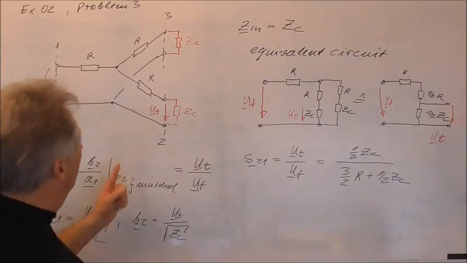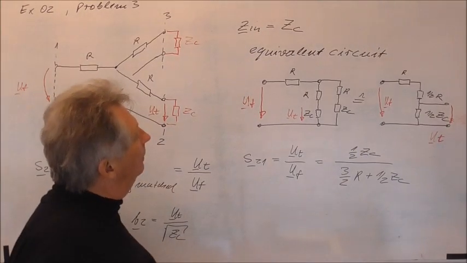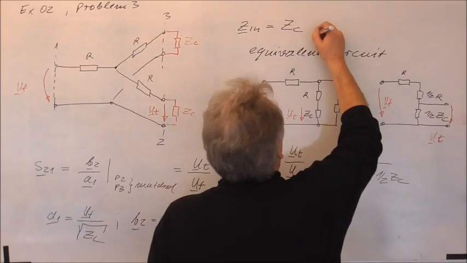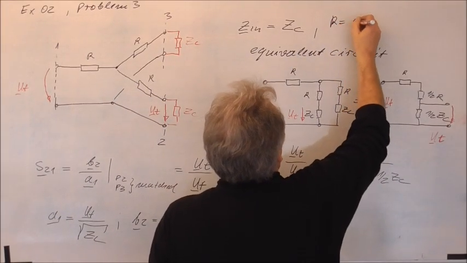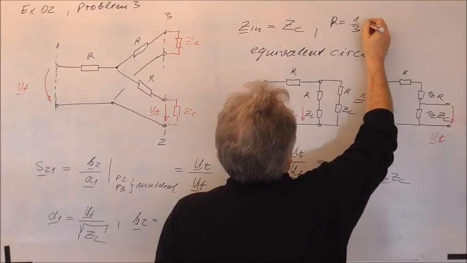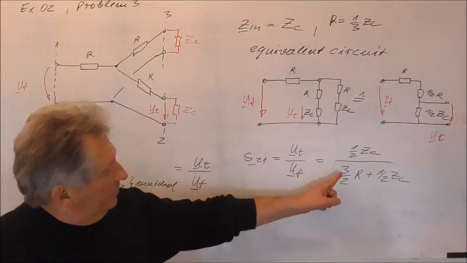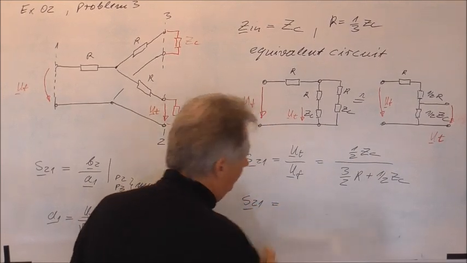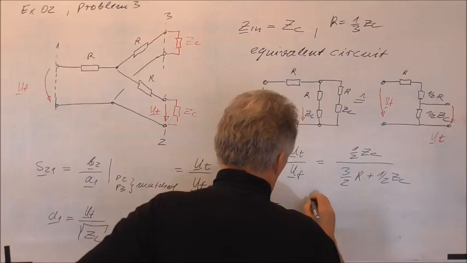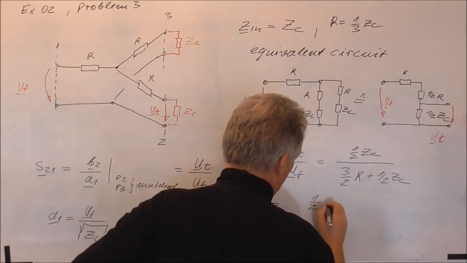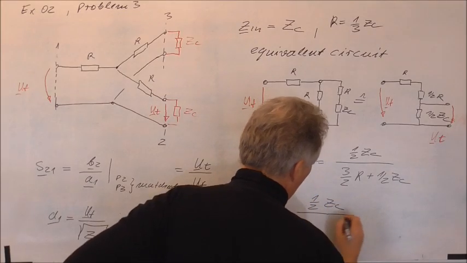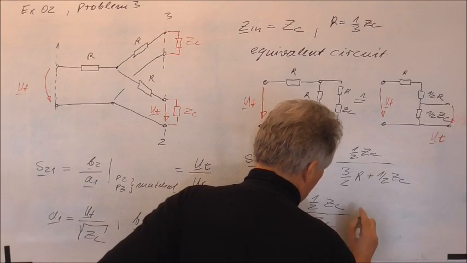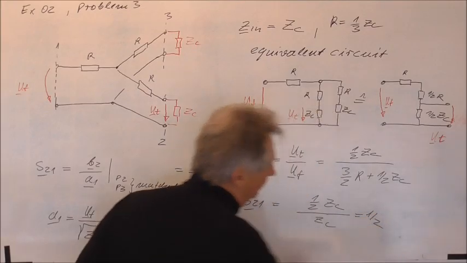And of course we know from the task before that we have to choose R to be 1/3 ZC, and then you see this will cancel, and we will have S21 equal to 1/2 ZC divided by ZC, and this is equal to 1/2.